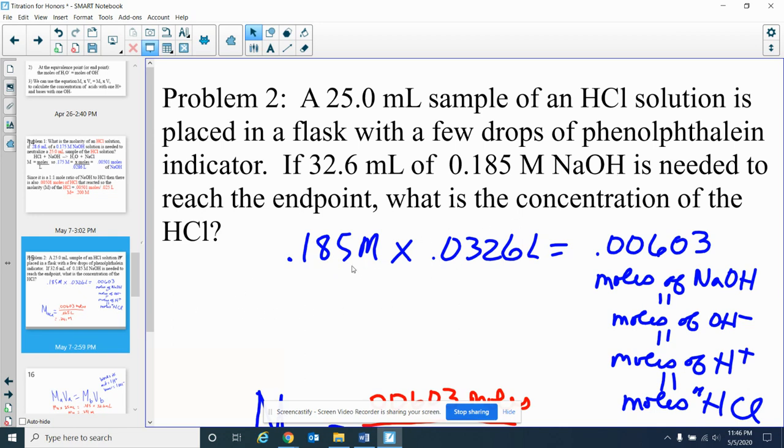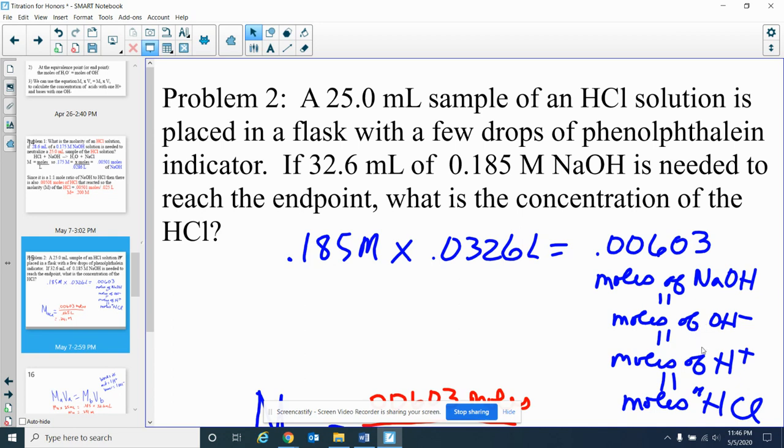Okay, so once again, when we multiply the molarity times the liters, that gives us moles. So the molarity of the NaOH times the liters, moving the decimal 3 places, 0.0326 liters, gives us moles of NaOH. And incidentally, since there's one OH in NaOH, that's also the moles of OH-.